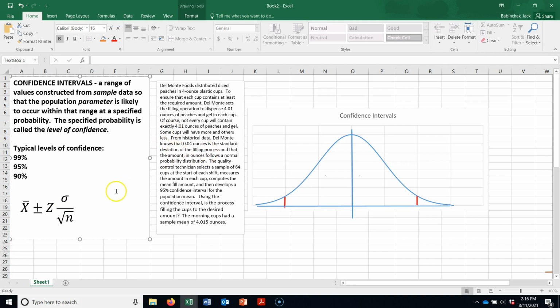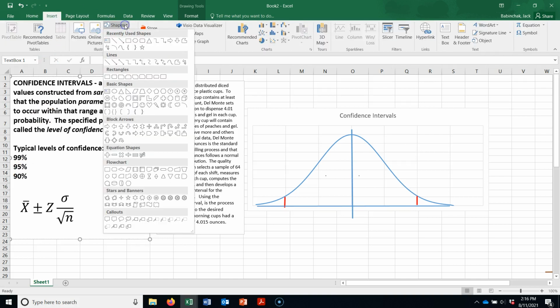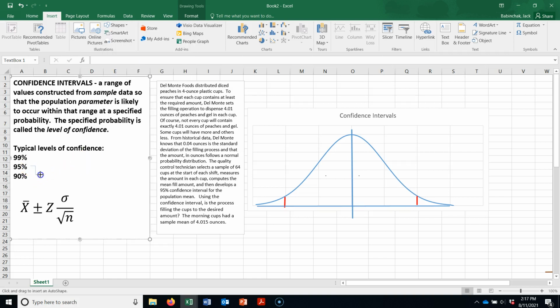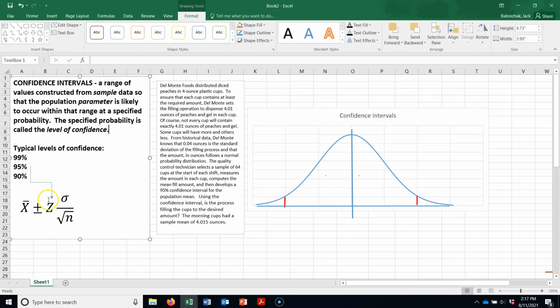Before we get to the problem itself, let's go ahead and understand where this Z number comes from, where this Z statistic comes from based upon our confidence levels here. And I just want to make sure we know that this Z number is coming from our level of confidence. And we said we want to use a 95% level of confidence.